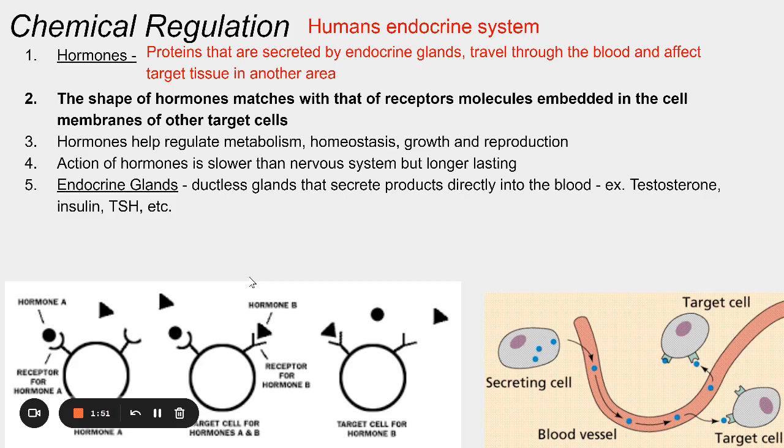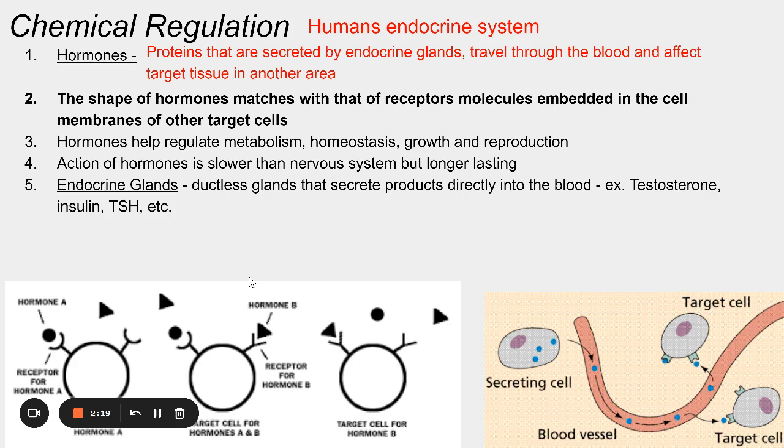And certain hormones have their effect on certain tissues in our body. And so the key thing to remember about these hormones is that it's their shape that allows them to function, which allows them to send a message from one part of the body to another part of the body.